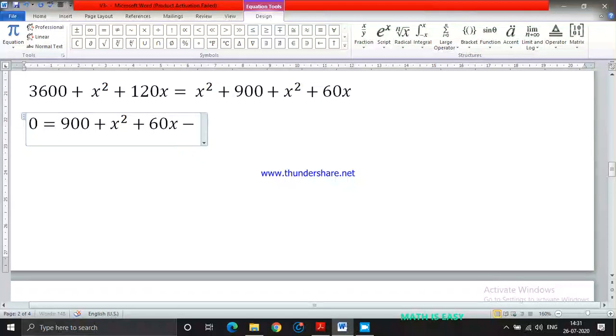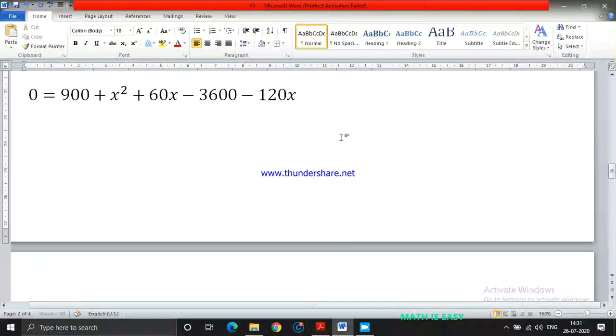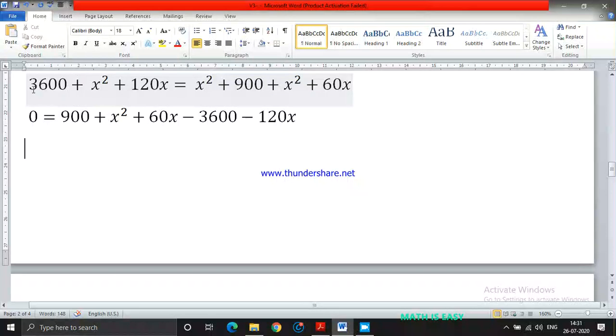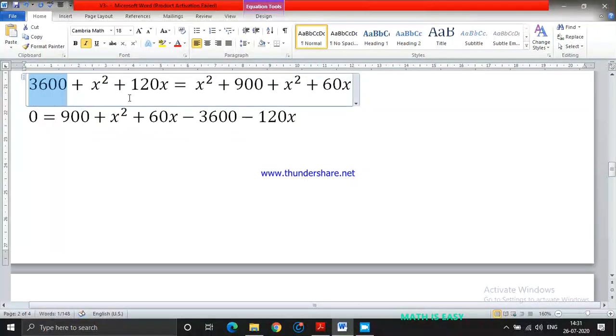Then you have minus 3600 minus 120x. How are we getting this minus sign? Because I am transferring this plus 3600 to the other side, so it will become minus. Similarly, I am transferring this 120x, it will become minus 120x, and this x square is cancelling with this x square. Both x squares get cancelled and one more x square is there, so that's why we have the same.